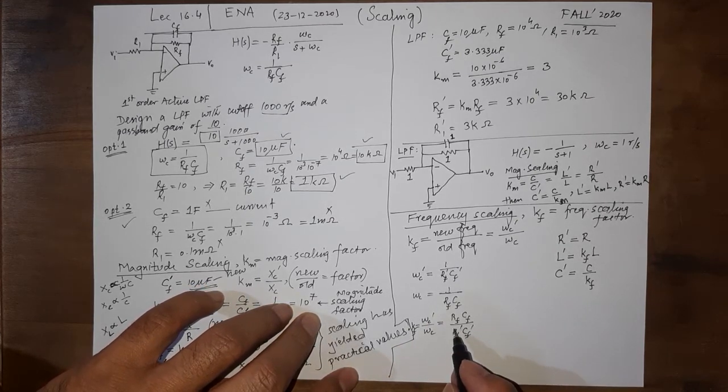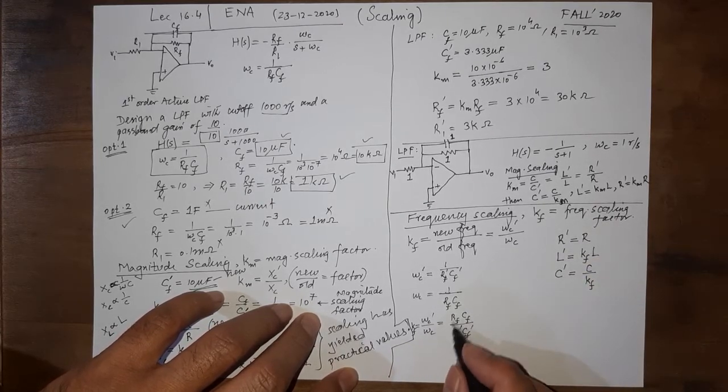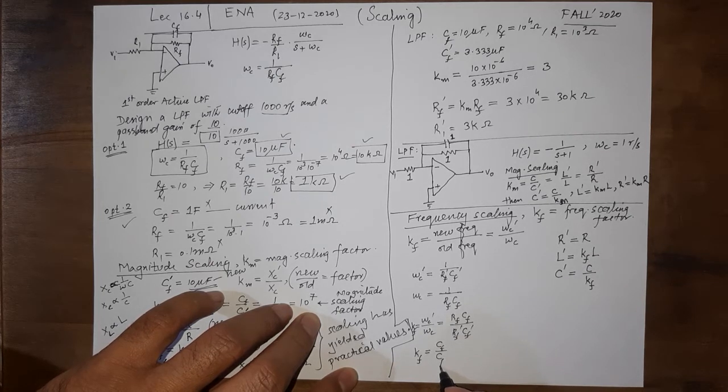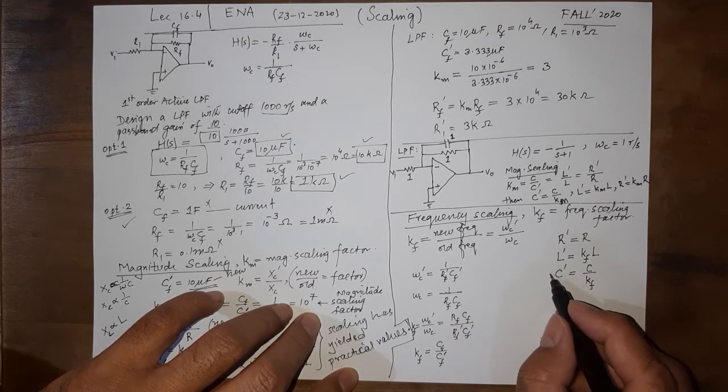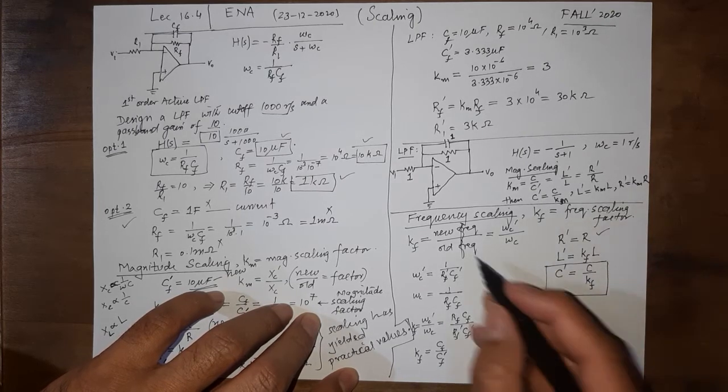And we know that R is not dependent on frequency, so we can cancel the R's in the numerator and denominator and we get CF. And I am just trying to drop this subscript F to give you C dash equal to this thing. So knowing this, R is not dependent on frequency.